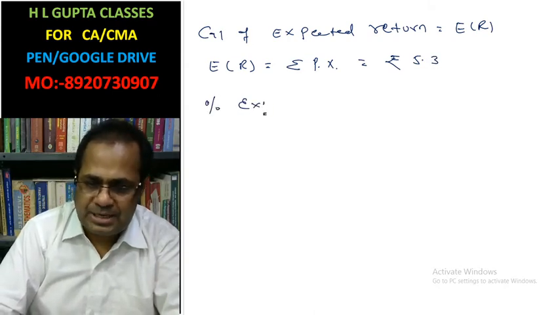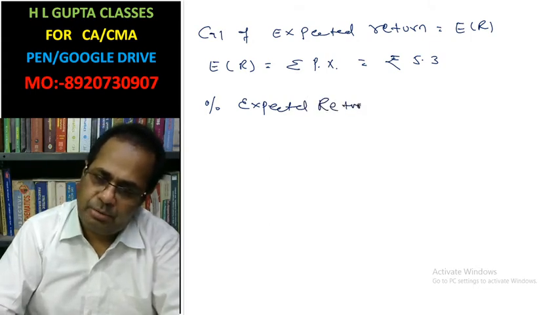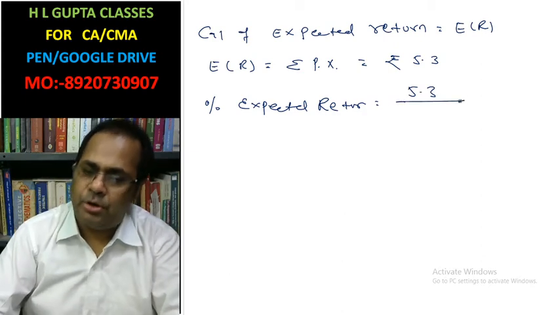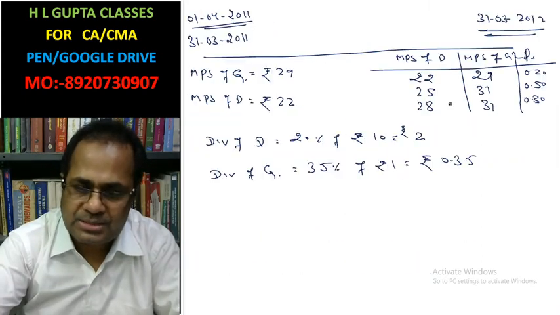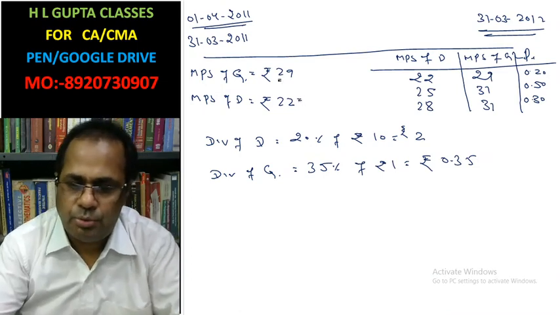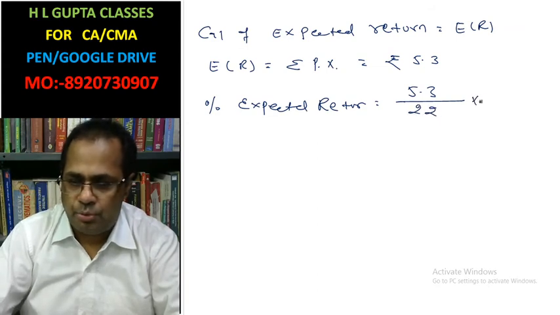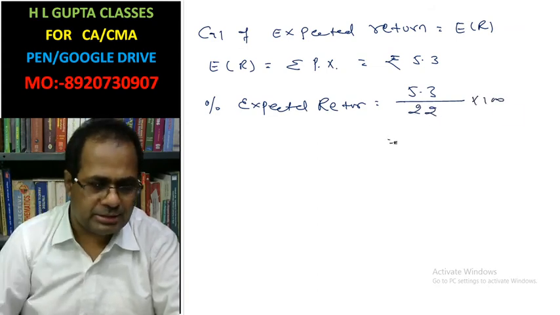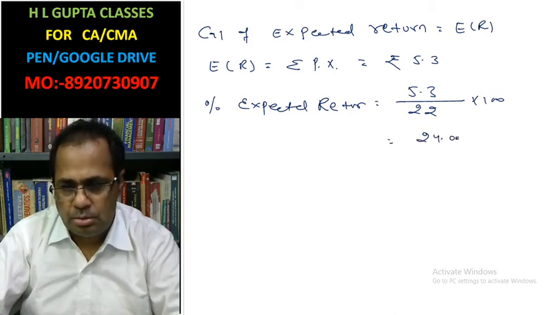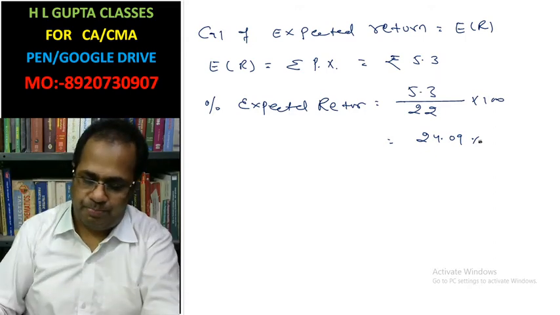Percentage expected return: 5.3 is the return after investment of 22. This is 5.3 divided by 22 into 100, this is 24.09%.